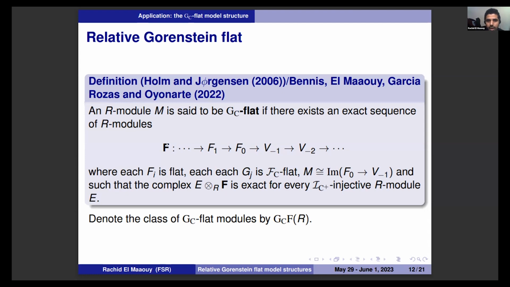Modules on the left are flat and modules on the right are relative flat, and such that if we apply the functor E tensor bar to this exact sequence, we still get an exact sequence. Throughout this talk, we use the notation GC flat of R to denote the class of GC flat modules.